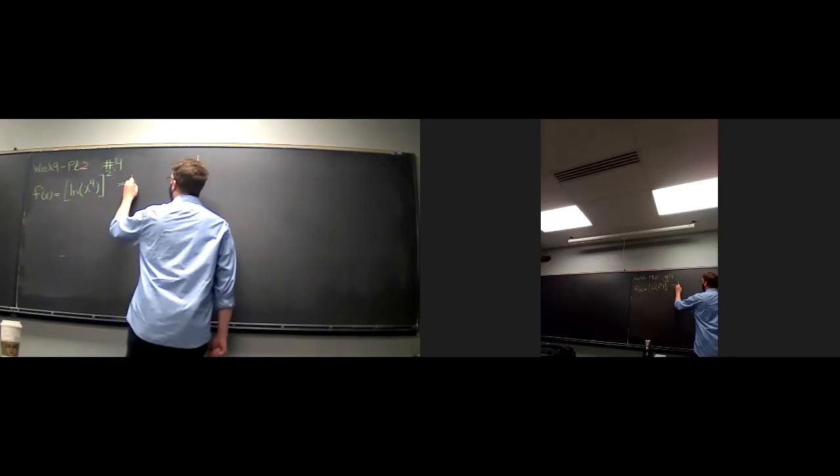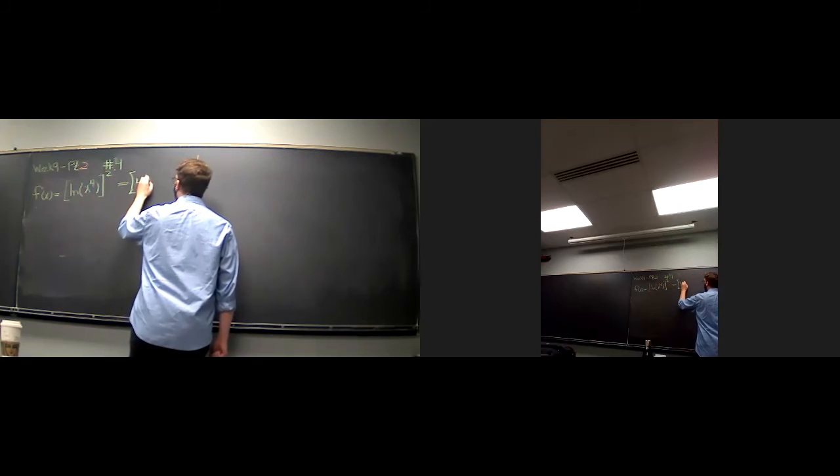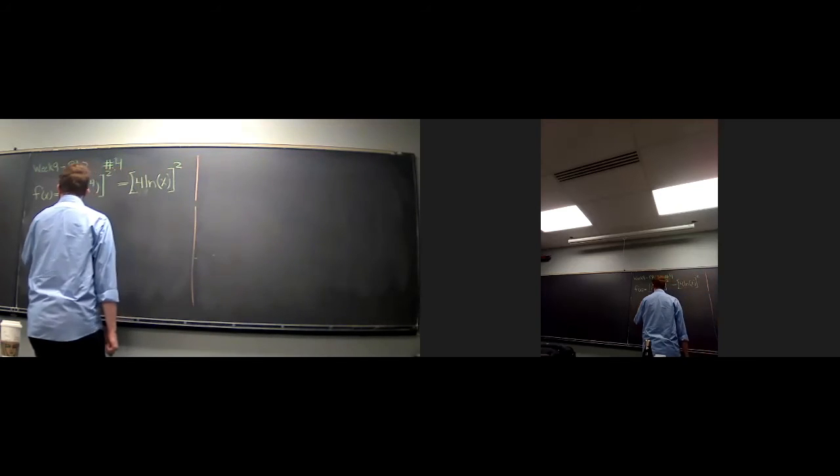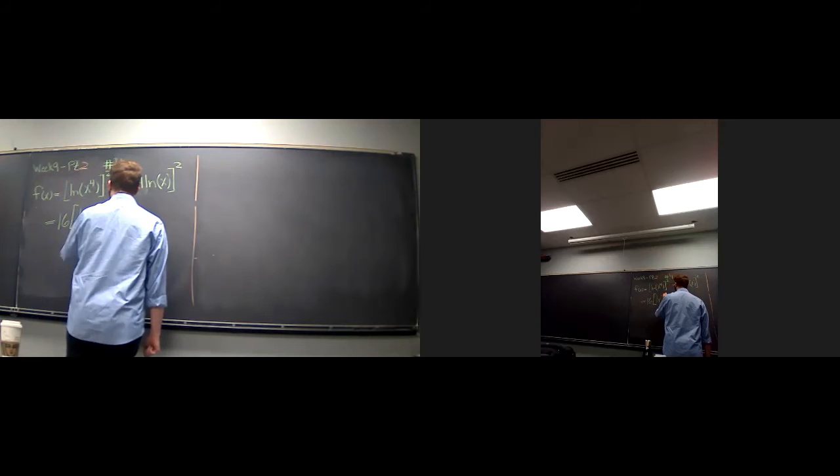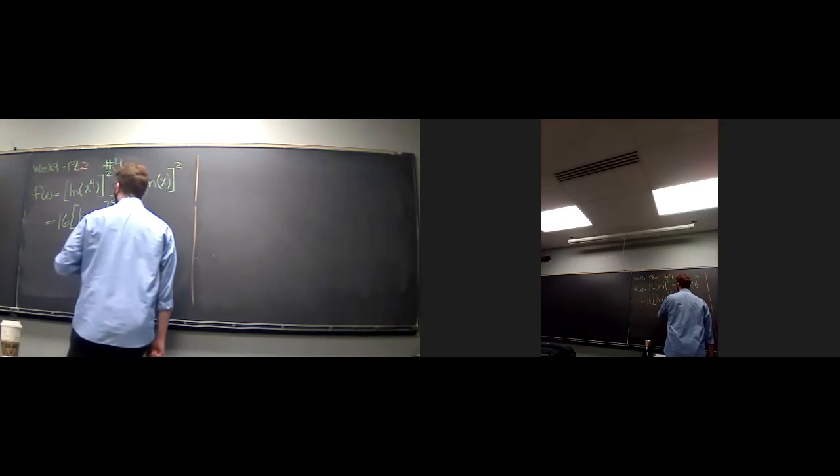We can rewrite this as, my mistake, 4 times the ln of x, that quantity squared. But we can distribute the power to the 4 and to the ln separately, to get 16 times the ln of x squared.